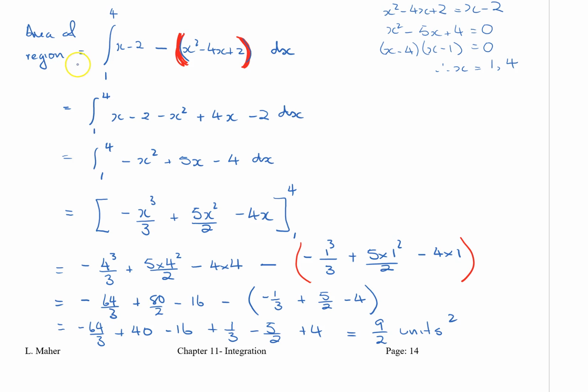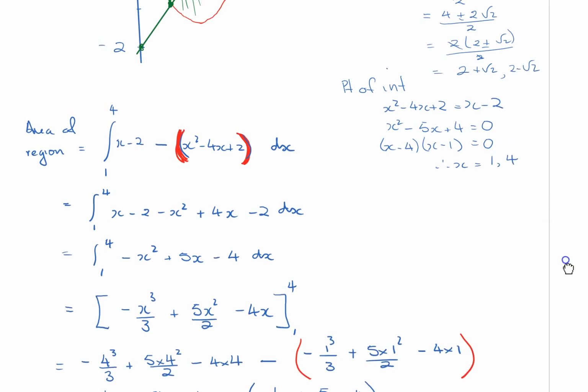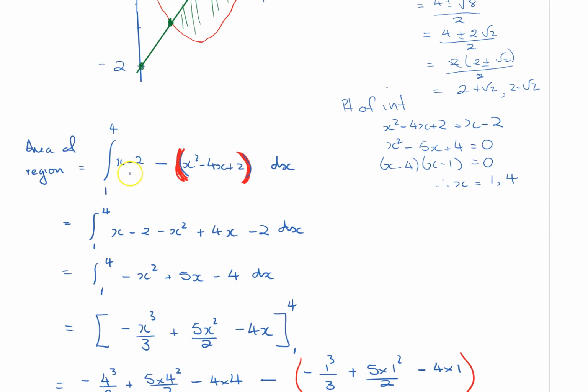So the area of this region is, as I was saying, the straight line subtract the parabola function. Now, you'll see that I've made it pretty obvious that you need these brackets, and I'll just keep saying it over and over.